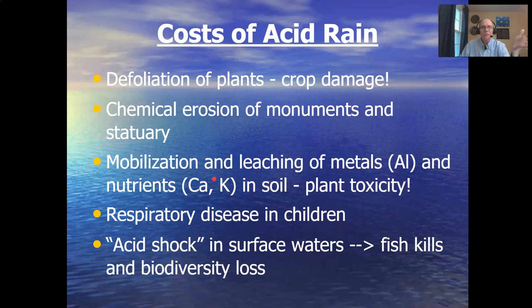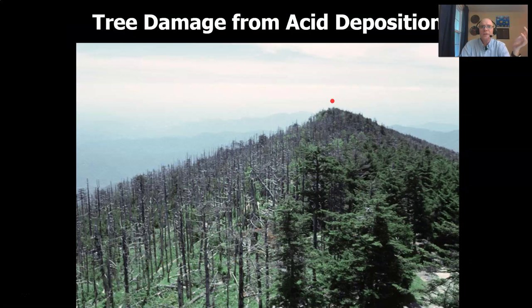Other stuff that can happen is this. Acids, as you know, react with metals, and so it can mobilize and leach metals that are toxic in soils. Aluminum in particular, so it can cause death of plants, again, crops, but also forests. This is an interesting picture, which shows upwind in the Smoky Mountains versus downwind. This is a place where acid fog occurs, again, from coal burning power plants.